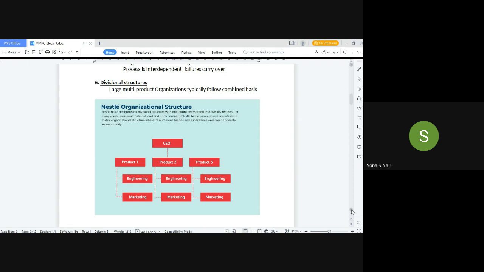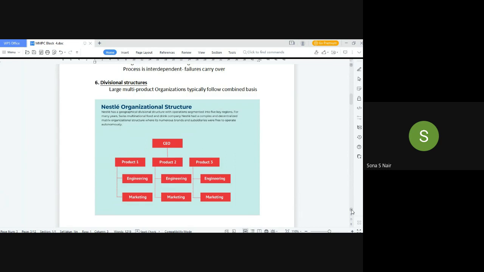Their working is very complex. They are spread over a large geographical area. They have a number of products. They obviously have to do the 4 or 5 basic functions of management. They have a variety of customers. So in that case, they will have to design their structure in a way wherein every product, every functional area, every region is properly administered.